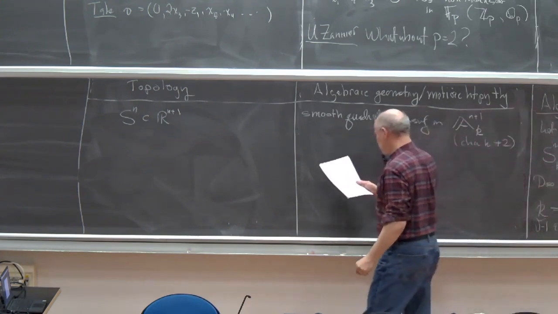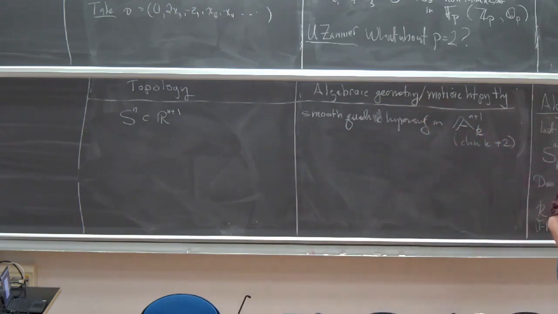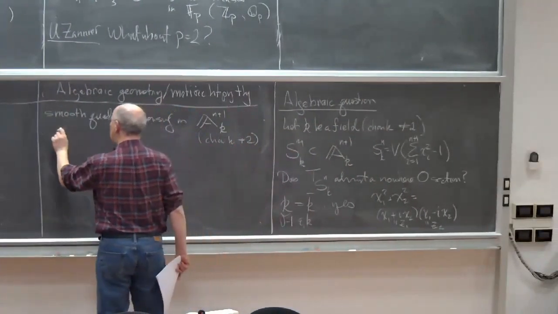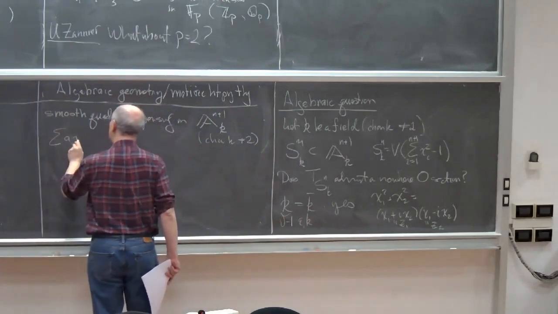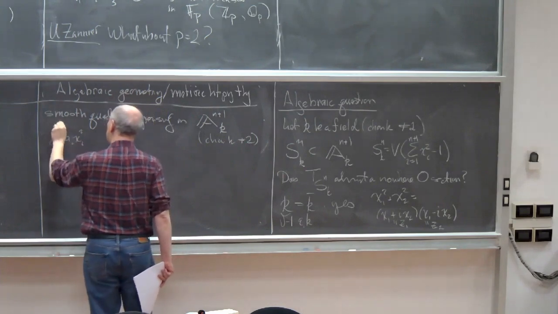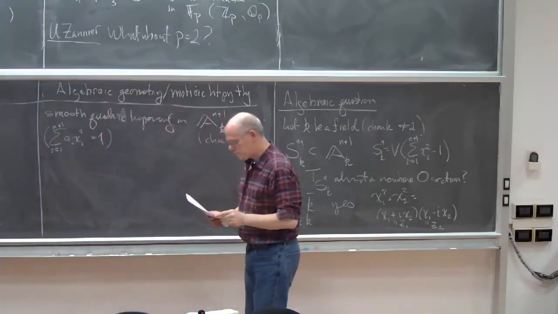And so, of course, you all know you can take any symmetric bilinear form or quadratic form, characteristic not 2, and diagonalize. So you can assume it looks something like this, sum of a_i x_i squared equals 1. That's the equation I want to look at.